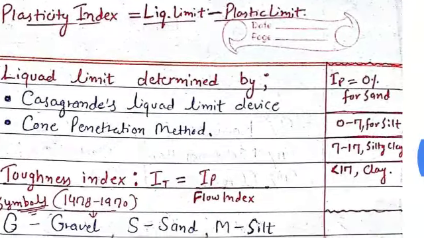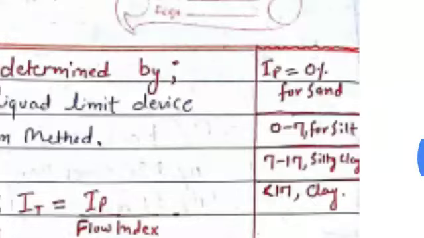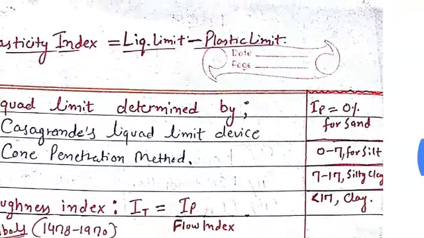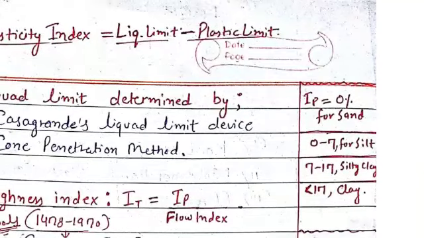And that is IP, plasticity index. Plasticity index is 0% for sand, and 0 to 7 for silt, and 7 to 17 for silty clay, and more than 17 for clay.